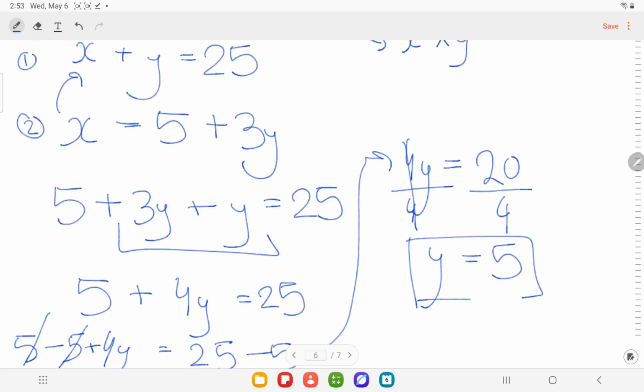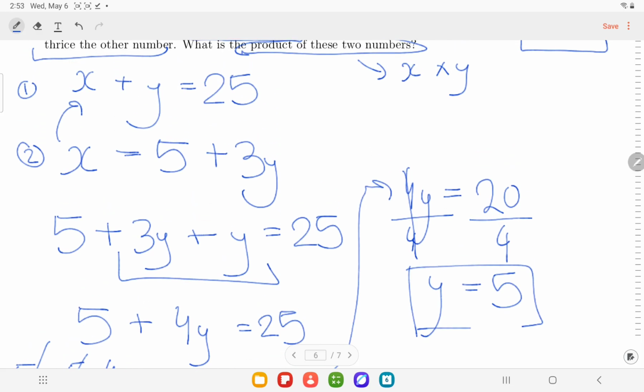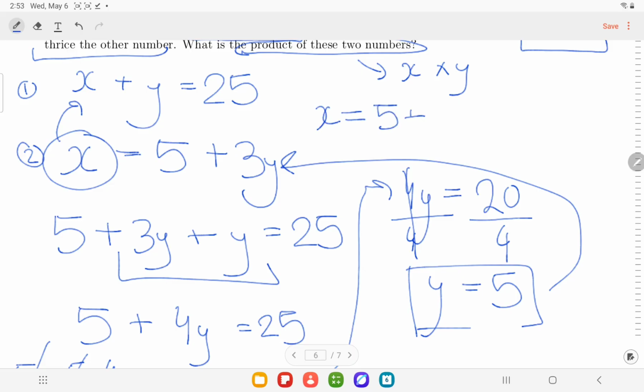And then to find our x, we're going to substitute it into our second equation here and solve for x. So we're going to end up with x equals 5 plus 3y. And in this case, our y is 5.